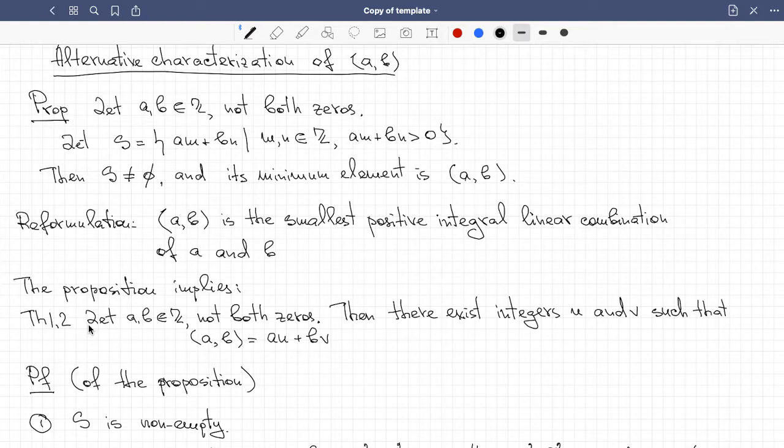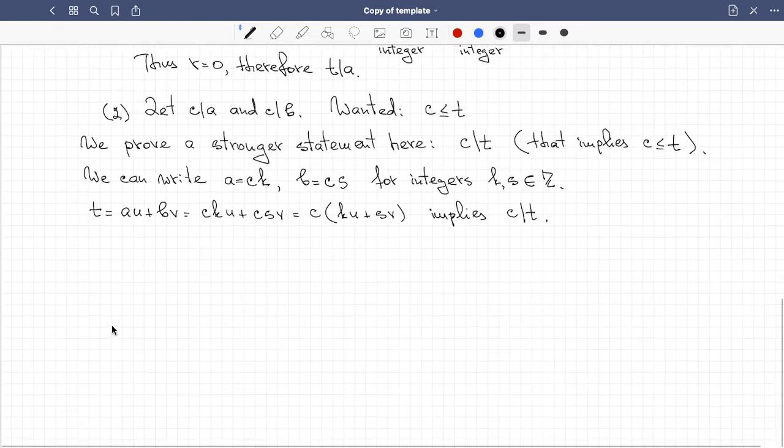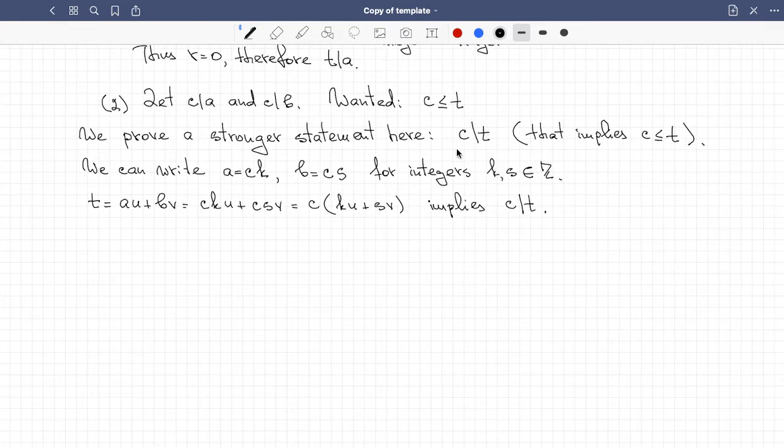There is a small irregularity here which may be addressed. Namely, we proved a stronger statement at the moment, and analyzing this proof again, we can derive what the book calls corollary 1.3, which is an alternative definition of the greatest common divisor.